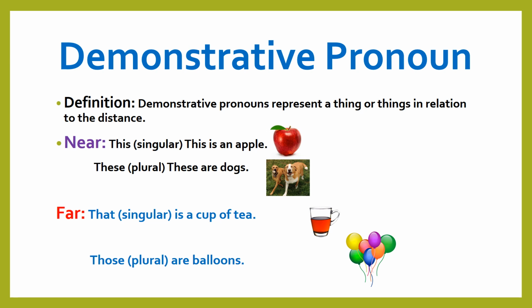And if the things are far from you and they are more than two, you will use the plural form of that, and that is those. Those are balloons because they are far from you and they are more than two. So you are using the plural form of that, which means those. So these are the demonstrative pronouns: this, these, that and those.